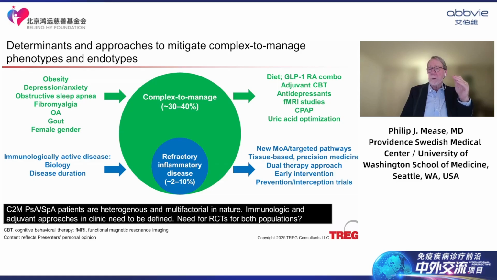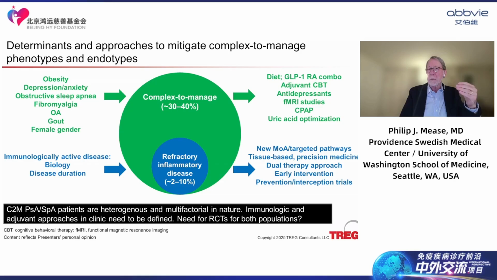But they may also have other issues like comorbidities of obesity, depression, sleep apnea, fibromyalgia, osteoarthritis, gout, or be of female gender, all of which make them less likely to respond to a therapeutic approach. Each one of these items that are listed here can lead to that.